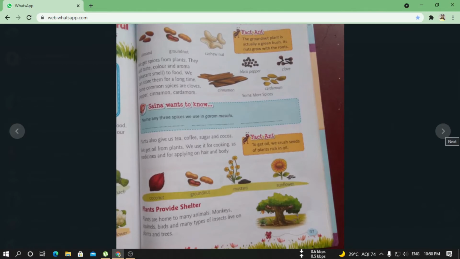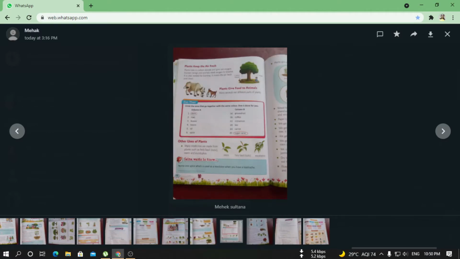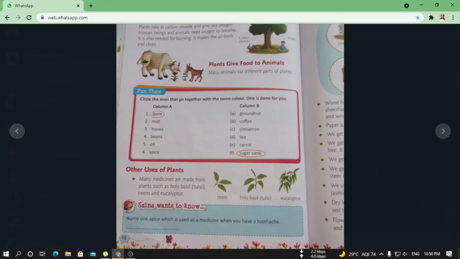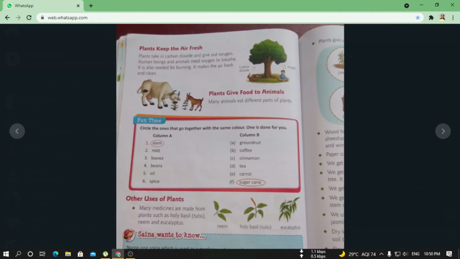Now in the next page, that is page number 98. Let us go to page number 98. In this page you can find how plants keep the air fresh. So plants take carbon dioxide, we all know, and plants give out oxygen.